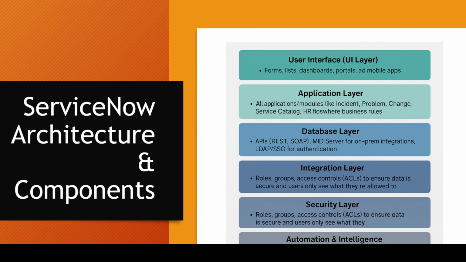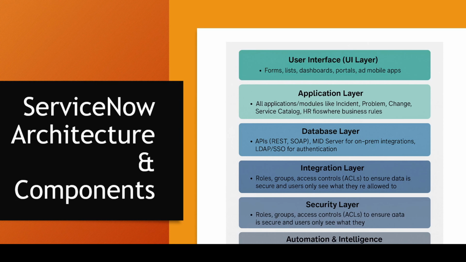Security layer is about who wants to log in. Every user from within your organization needs to log in, not all the people from the world. It decides who needs to see this form or who needs access to the ServiceNow instance. Then there is the automation and intelligence layer.